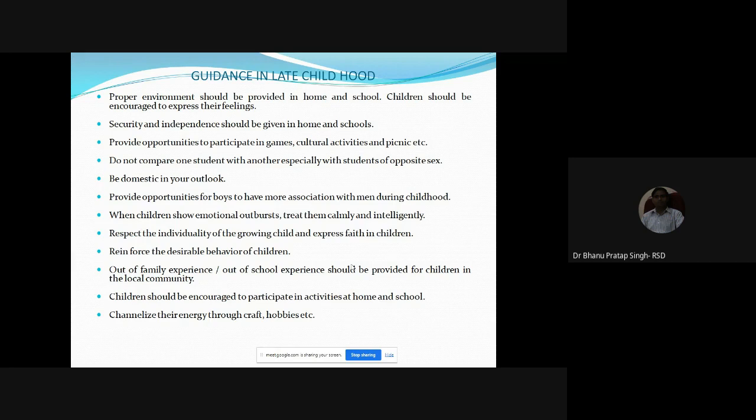Provide opportunities for boys to have more association with men during childhood. When children show emotional outbursts, treat them calmly and intelligently with love and affection.